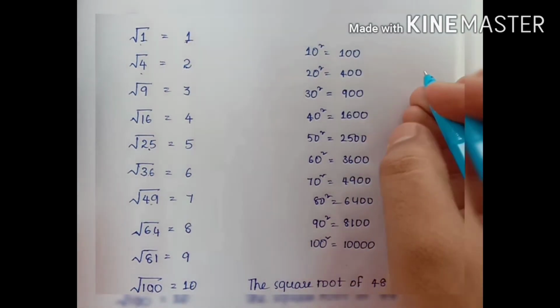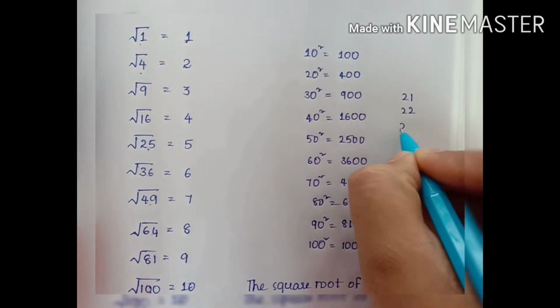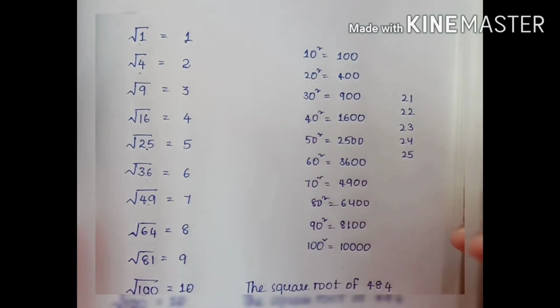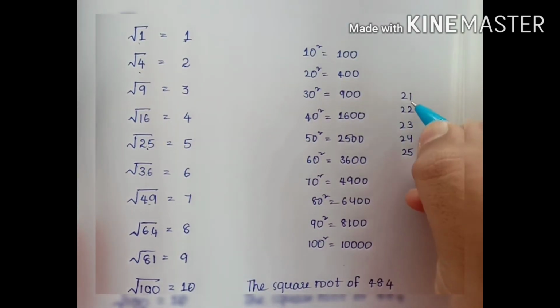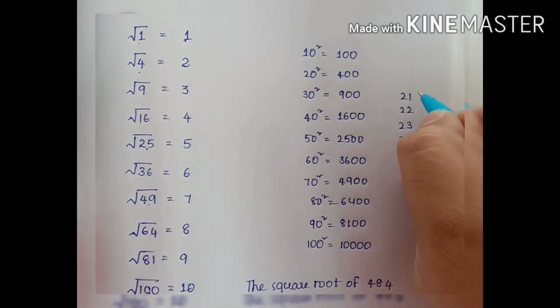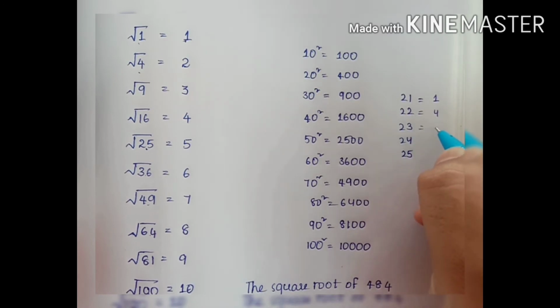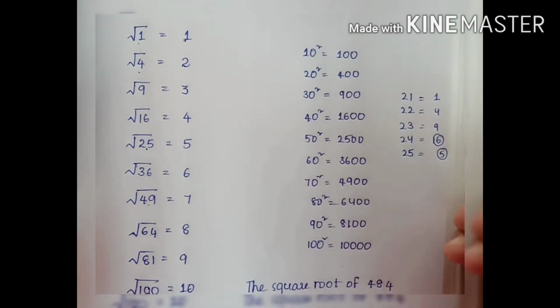Then we have the possibilities 21, 22, 23, 24 and 25. So you square the unit digits of these numbers. We get 1 square is 1, 2 square is 4, 3 square is 9, 4 square is 16, that we get 6, 5 square is 25 and we get 5.